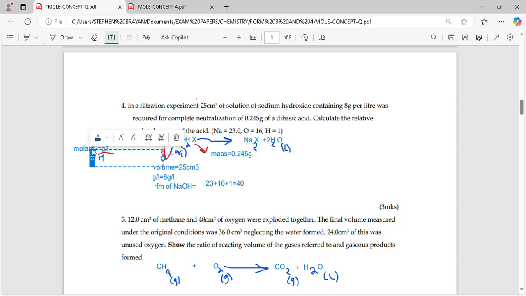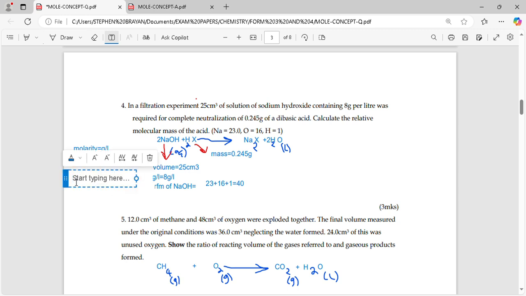So if you want to get molarity of any substance, use the grams per liter over the RFM. Now, we can get our molarity. For this case, our molarity is going to be equal to our grams per liter, which is 8 grams per liter, over our RFM, in this case, which is 40.